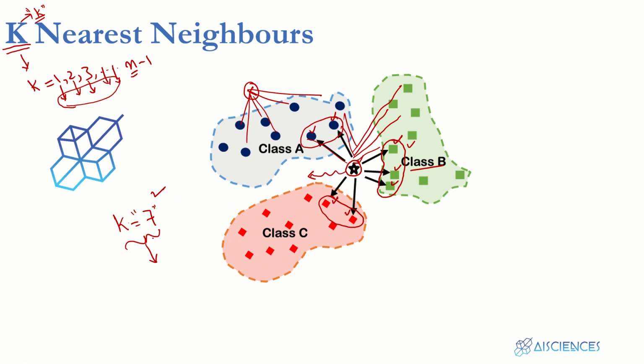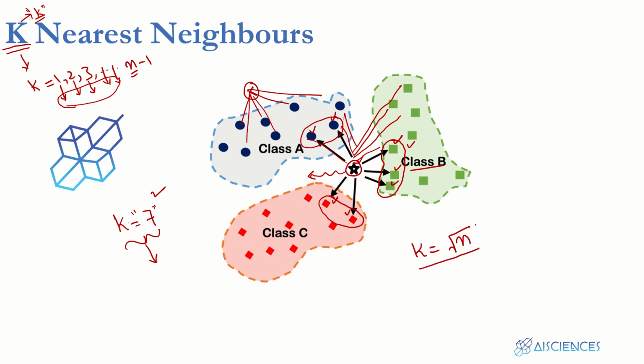What should be the best value of K? Well, if K is too small, the classification scheme is much more sensitive to noise. If K is too large, then it is computationally expensive, and the local structure and local neighborhood information goes away. One rule of thumb is to take the value of K as the square root of n, where n is the total number of data points collectively in all the classes.